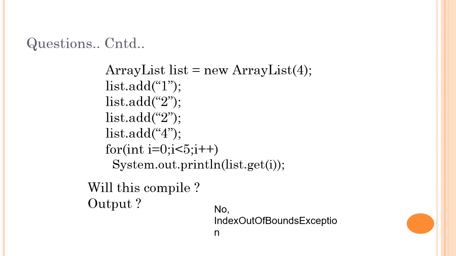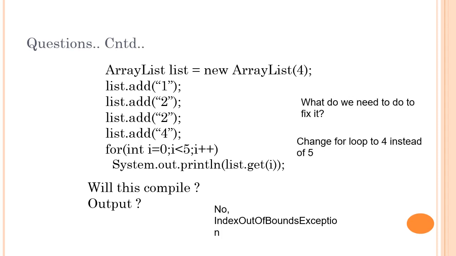The array list contains only 4 elements and we are looping from the index 0 to 4, and the last valid index here should be 3 and not 4. So we will have an error, which is an IndexOutOfBoundsException. What do we do if we need to fix it? We need just to change the loop upper bound to 4 instead of 5.